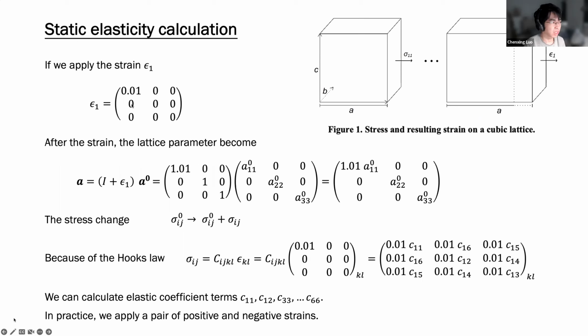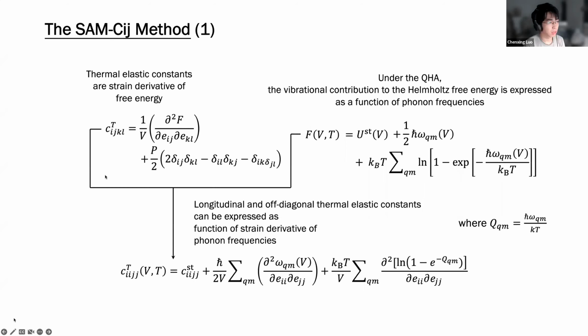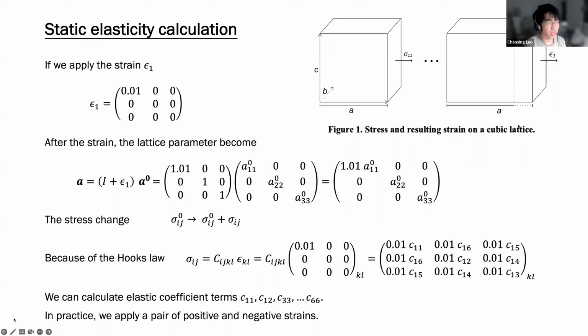In more detail, it is like this. Assume we stress the crystal in the A direction and apply a strain of 1%. After the strain, the lattice parameters are changed. Assume the original crystal coefficients are A naught 1,1, A naught 2,2, and A naught 3,3.